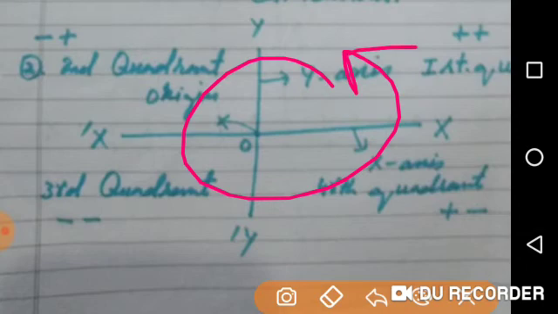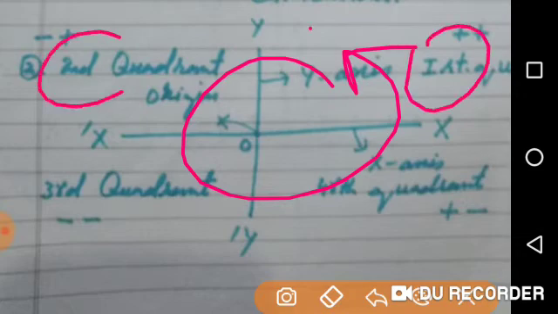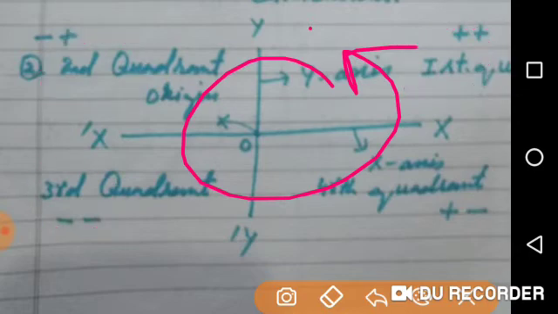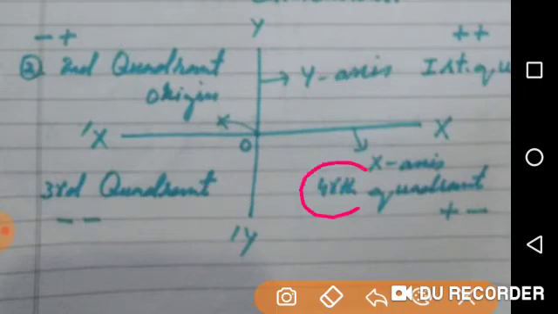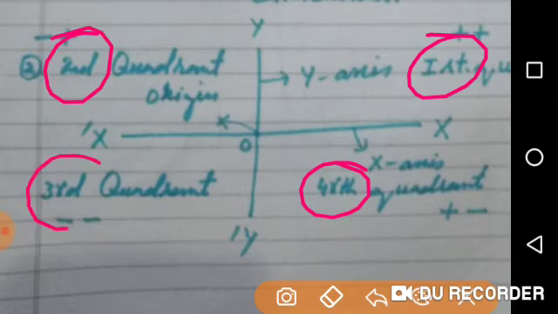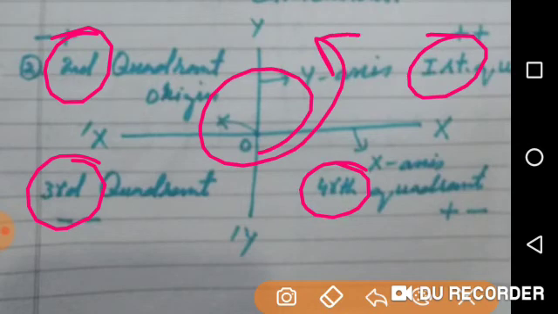So first quadrant is this one, second quadrant is this, third one this one, and the fourth one is this one. First, second, third and fourth. So you are going anti-clockwise direction to name the quadrants of the Cartesian plane.